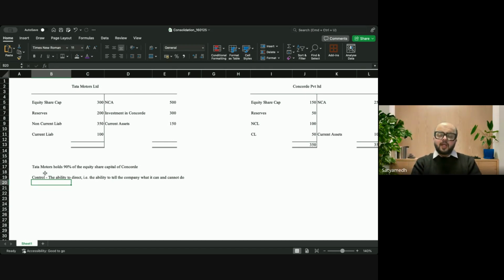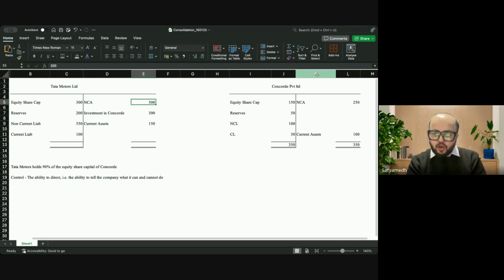कर सकते हो. Now, if I own 90% of Tata Motors, if Tata Motors owns 90% of Concord, then don't you think when it is preparing its financial statements, it should show what asset it owns. It will show it's 500. But Concord Limited का जो 250 का non-current asset है, उसमें भी 90% shares, 90% of that is owned by Tata Motors.